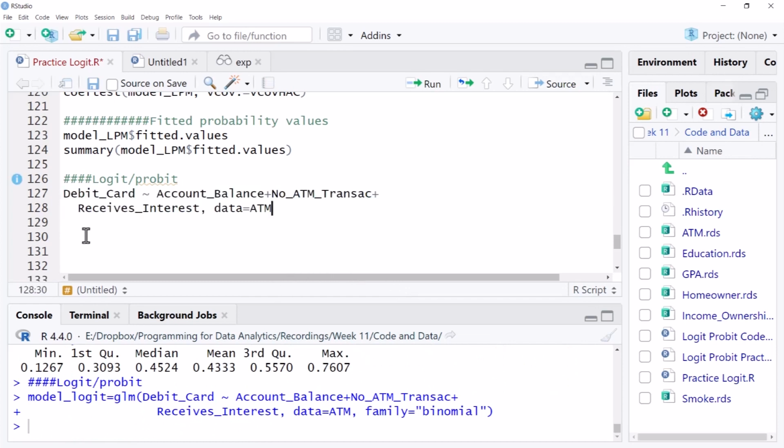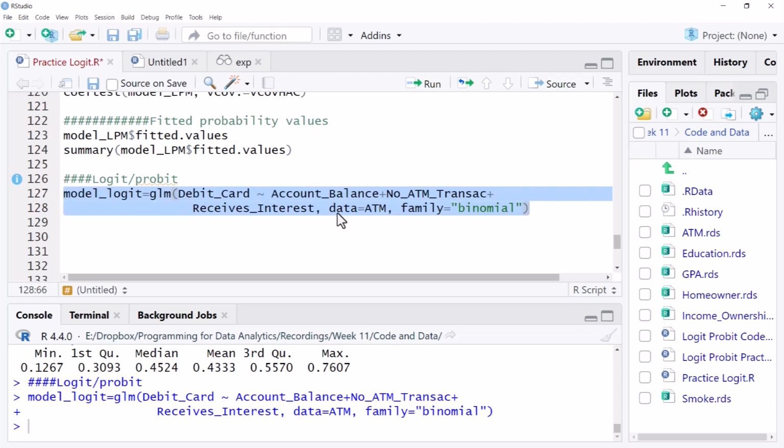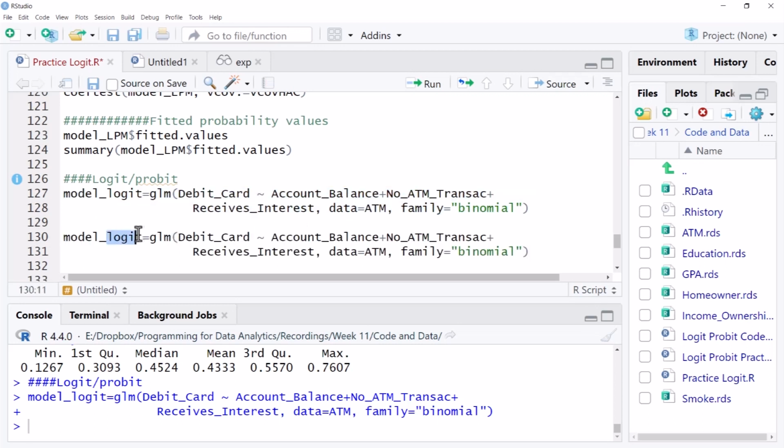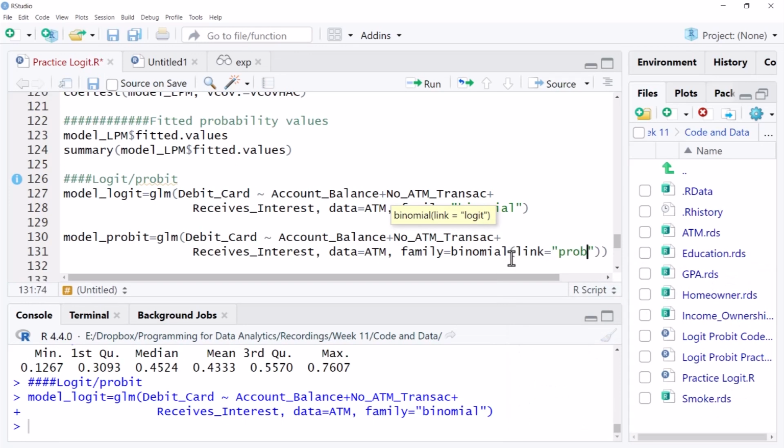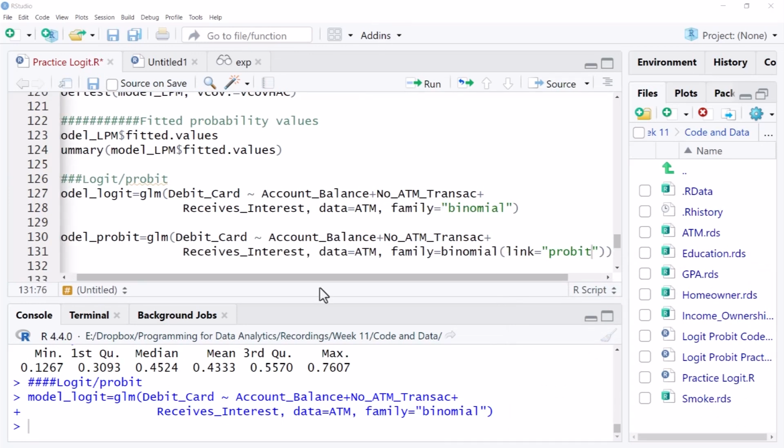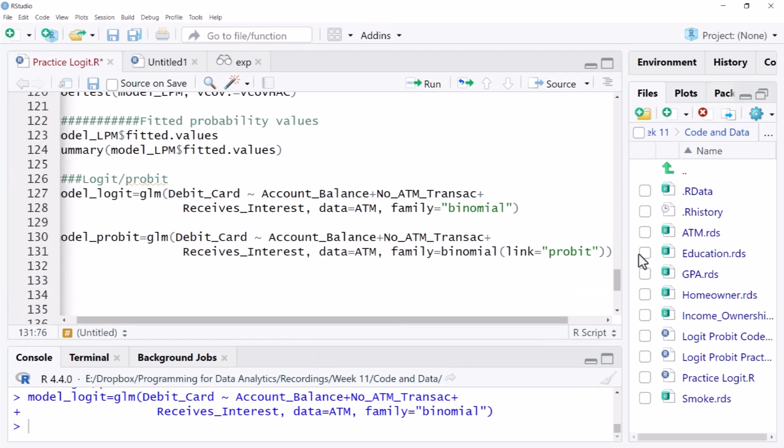Similarly, I'll calculate the probit model. Let's call it probit. Here the way to do it is family equal to binomial, link equal to probit. Now we have both the models ready.